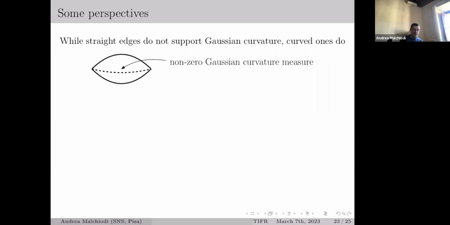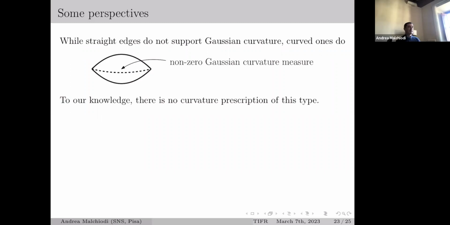Okay, and as far as I know, this is a problem which has never been studied. So trying to prescribe a measure Gaussian curvature with also part of the curvature which is concentrated on one-dimensional sets. So I think that would be an interesting direction.